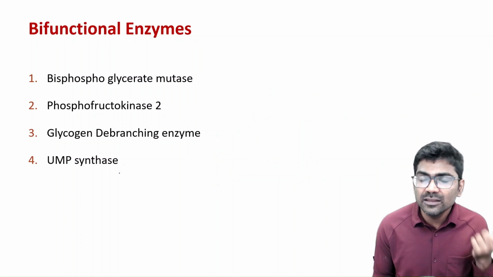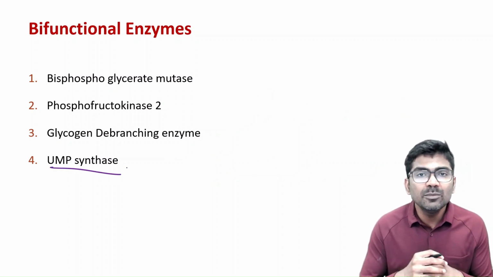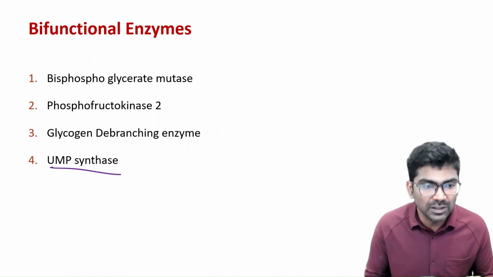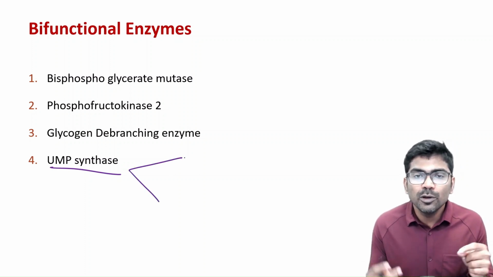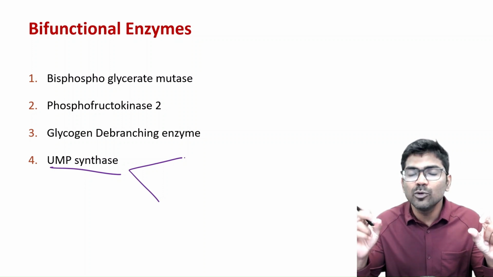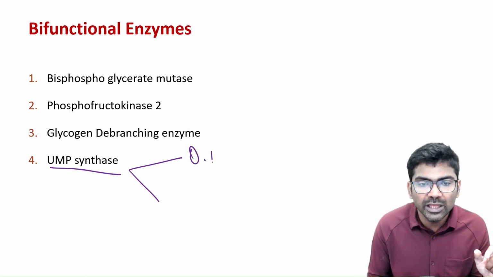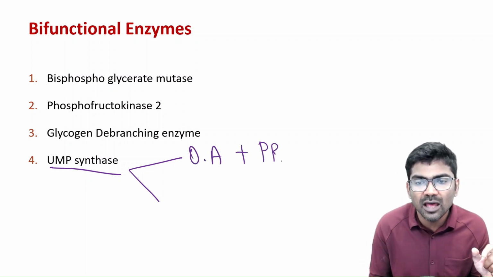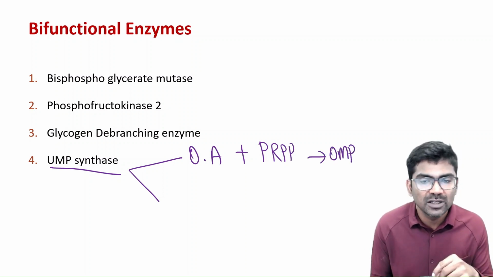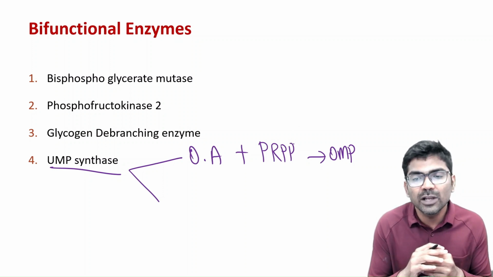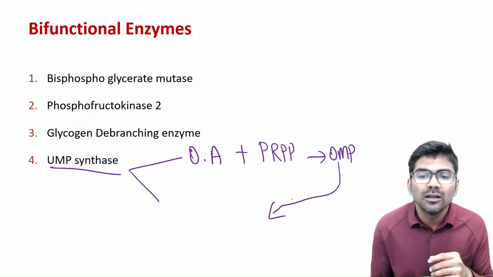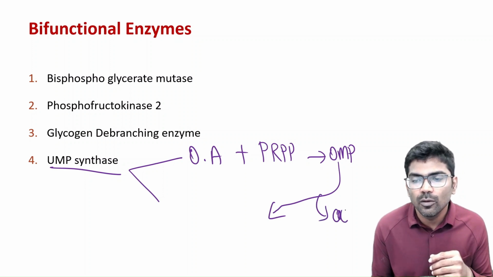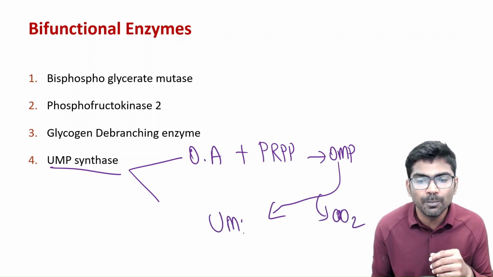What about UMP synthase? So this enzyme is involved in pyrimidine biosynthesis. So this has two activities. It's going to add phosphoribosyl pyrophosphate to orotic acid. Orotic acid plus PRPP produces OMP. That is the first activity. So that is orotate phosphoribosyl transferase activity. The next activity is decarboxylation of OMP to produce UMP.